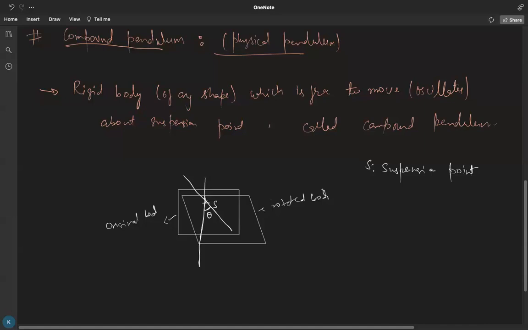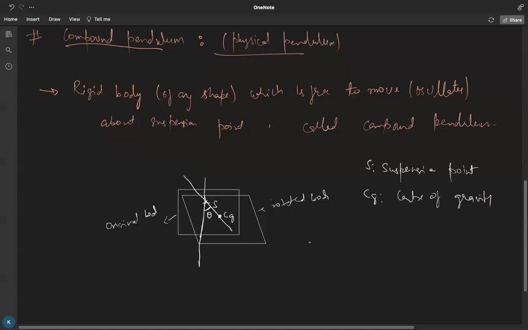Let us assume the body has some center of mass, CG, which you can call the center of gravity.